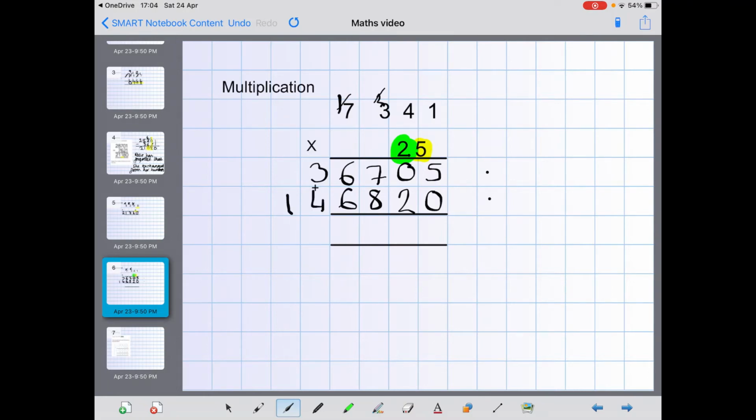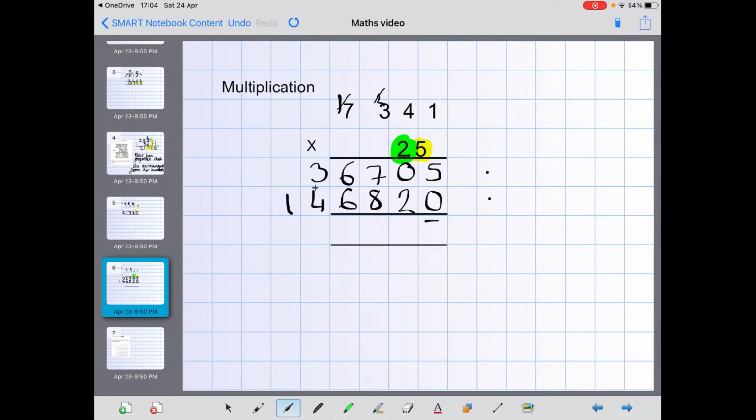Now in that question, I didn't have to carry any digits. However, if I had to carry any digits, carrying them above and then having crossed out the digits before would make it a lot clearer. If I carry my digits below, then they're going to get confused with the numbers that I come up with after multiplying by my tens. And occasionally children will then accidentally add those into their final question, and that is where they will make their mistakes.